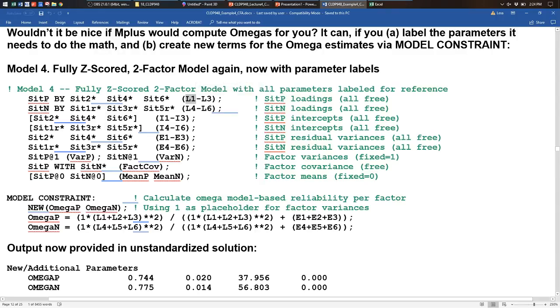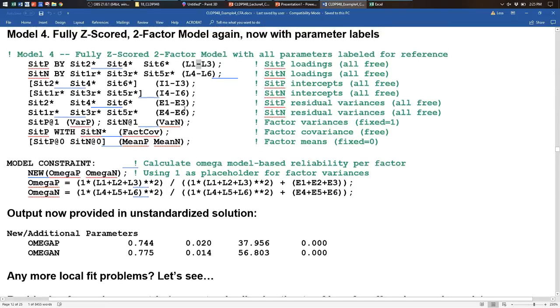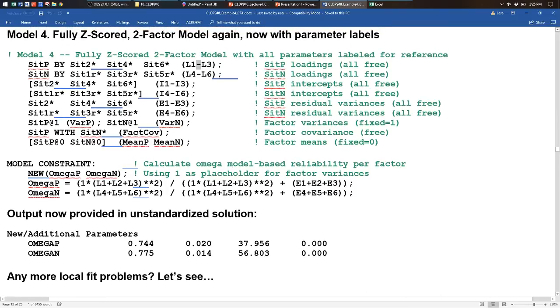I have labeled the second loading as L2, and the last loading as L3. It understands expansion. Here are loadings 4, 5, and 6. Likewise, things in brackets, these are the intercepts. So I've labeled these I1 through 3, 4 through 6. I labeled these E for error variances. I labeled the variances of the factors, the factor covariance, and the means. So I don't need all of these labels, but I put them here for completeness.